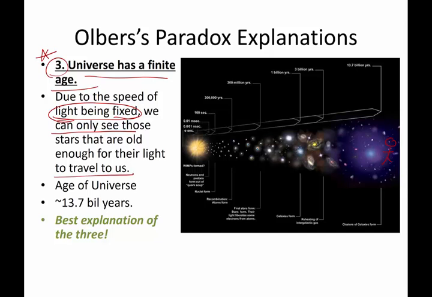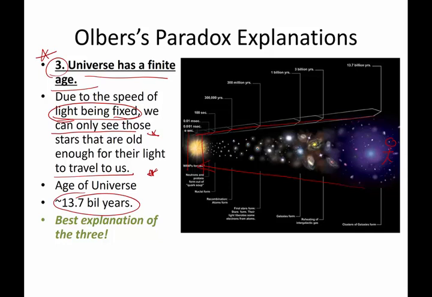And if we look back towards the beginning of time, we see that there was a point in time that we first detect light. And our astronomical tools are so good that if there were things that were older than 13.7 billion years, we could detect them.